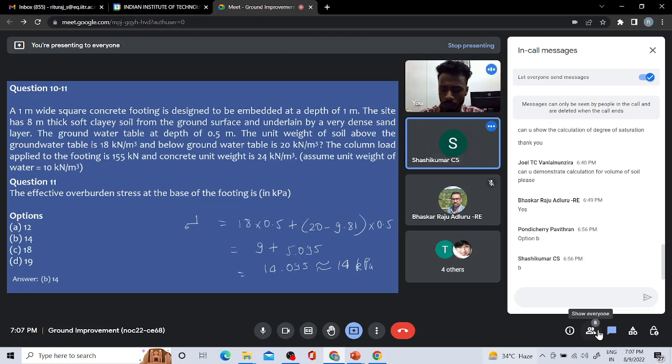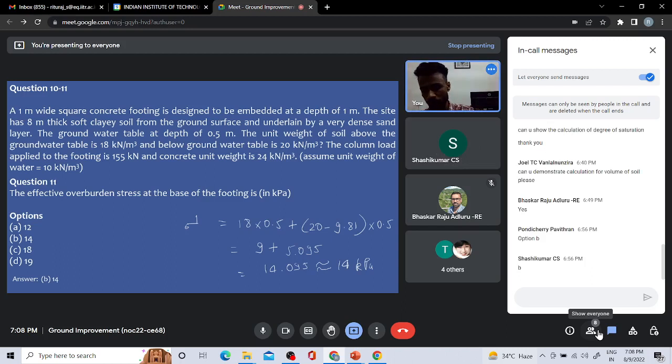Sir has shown the calculation regarding the general shear failure at the top of the filled soil where the footing rests. And how to calculate the punching shear failure of that, and also should we not calculate the stress on the earlier soil after that 1 meter depth? Should we not calculate what is the effective pressure at that level also?